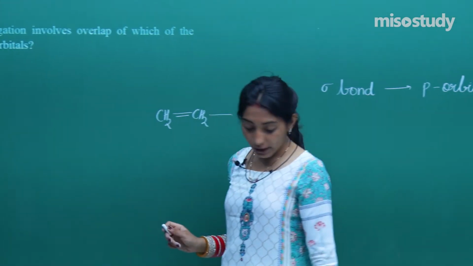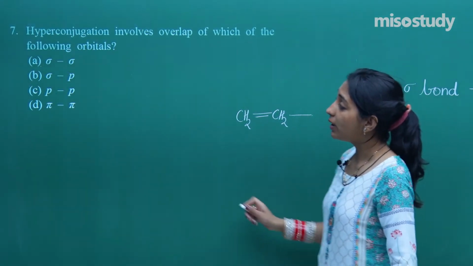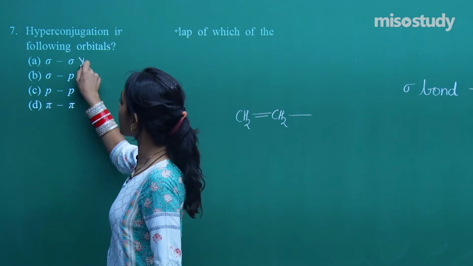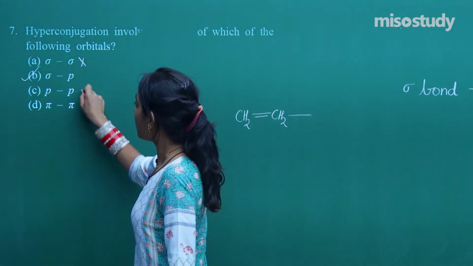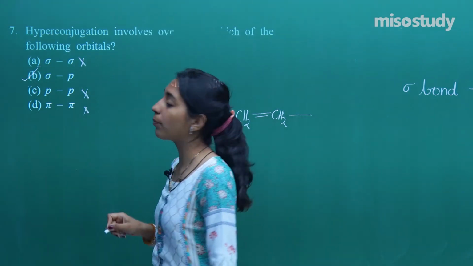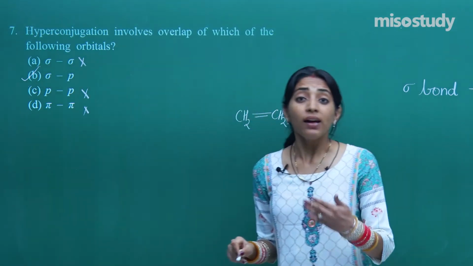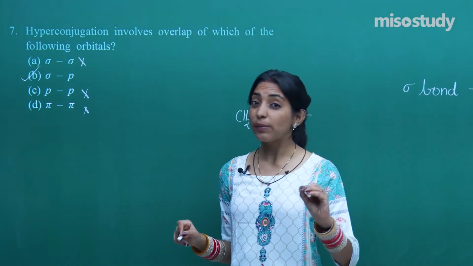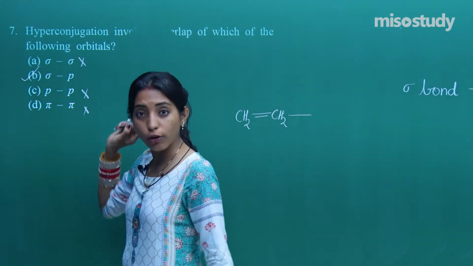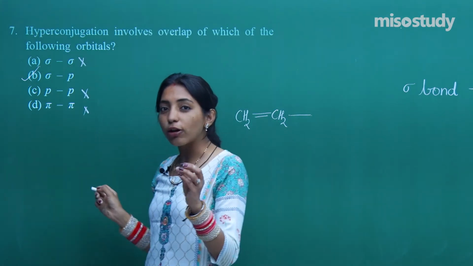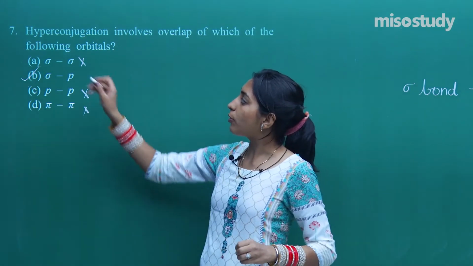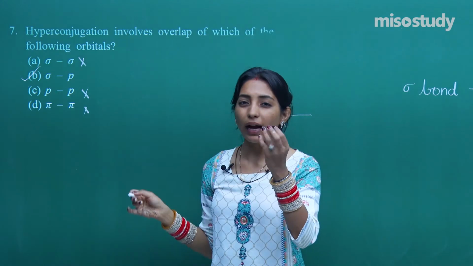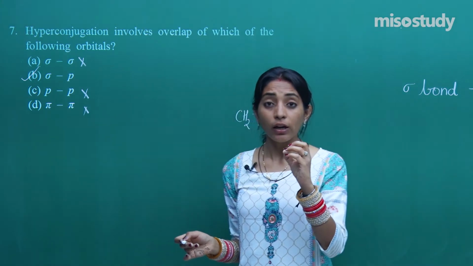So hyperconjugation is not the concept of sigma-sigma orbitals, no. Sigma and p orbital, yes. p and p, no, and pi and pi, no. Rather, in resonance you can say the pi bond was involved, not in hyperconjugation. Hyperconjugation is a kind of conjugation taking place, but not a pseudo thing.